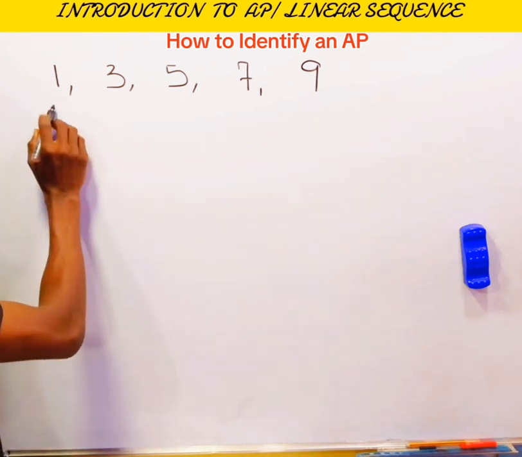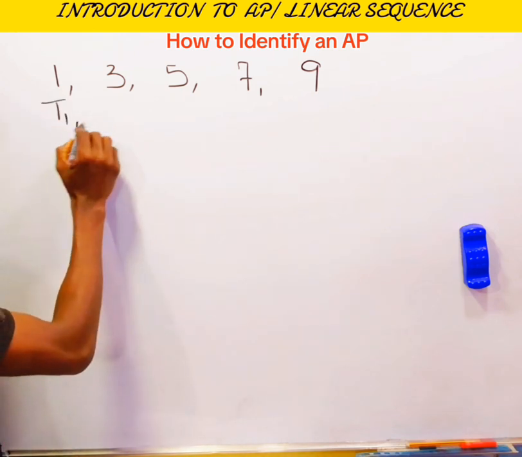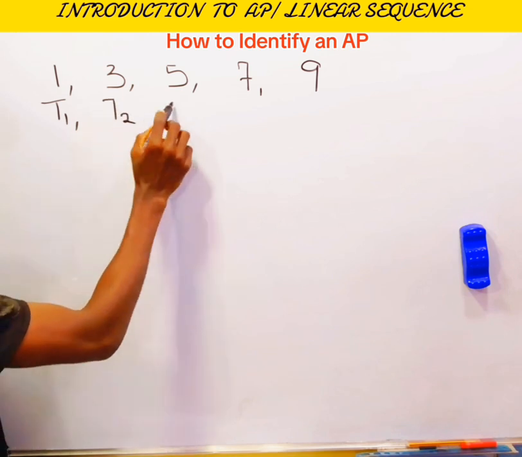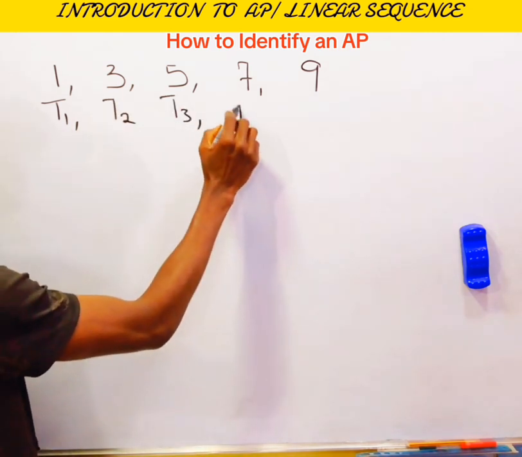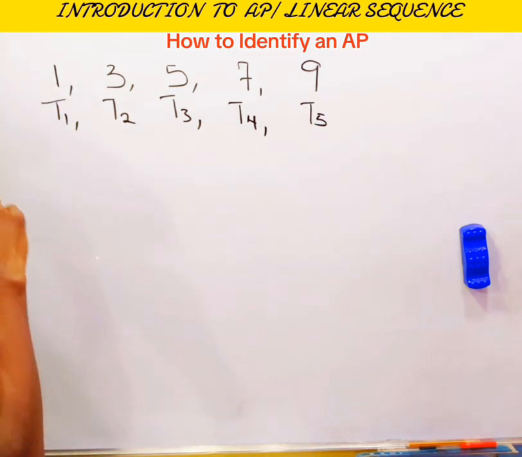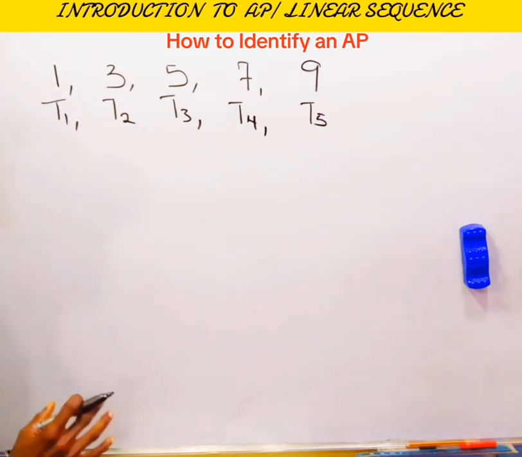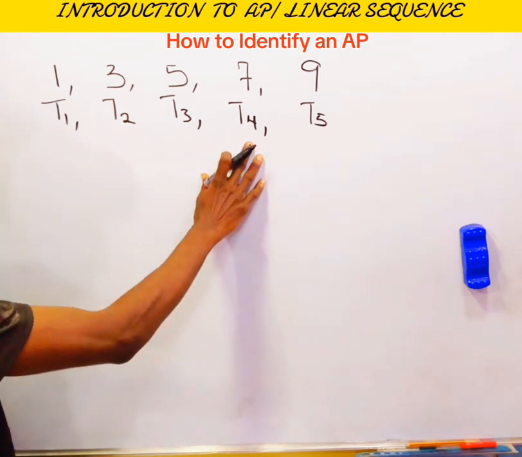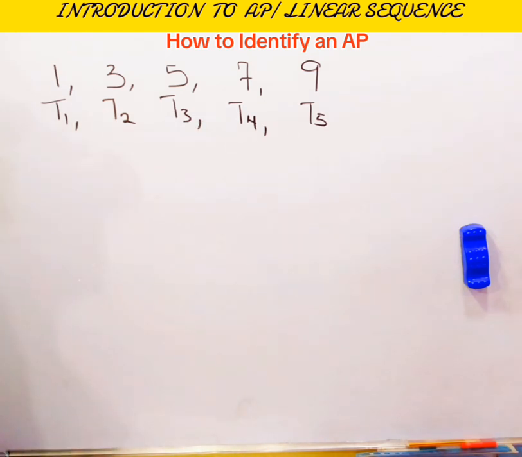How? This is T1, the first term, the second, the third, the fourth, and the fifth. If you pick any of these terms and find the difference between the term and the preceding term, and the value is a constant for the whole sequence, then we say it is an AP.